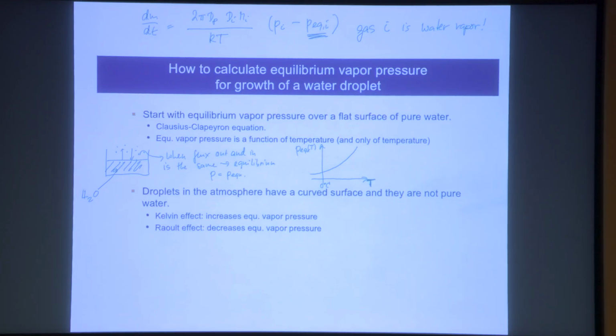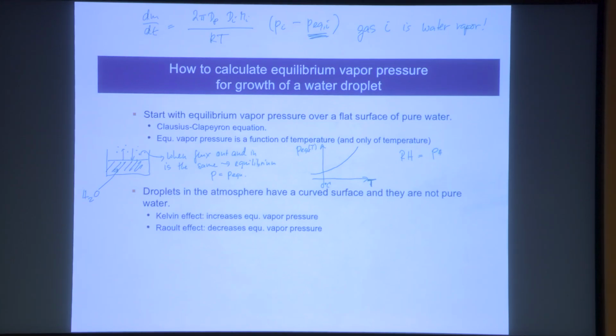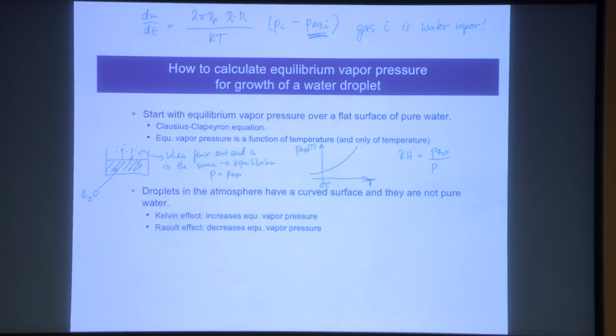And then what you know as relative humidity, when you look at the weather app and it reports relative humidity, is just the ratio of the real vapor pressure in the air divided by the equilibrium vapor pressure at that temperature that we have at that time.